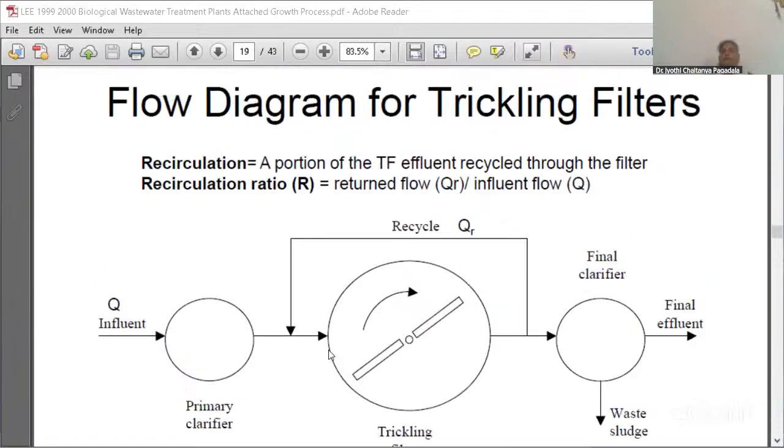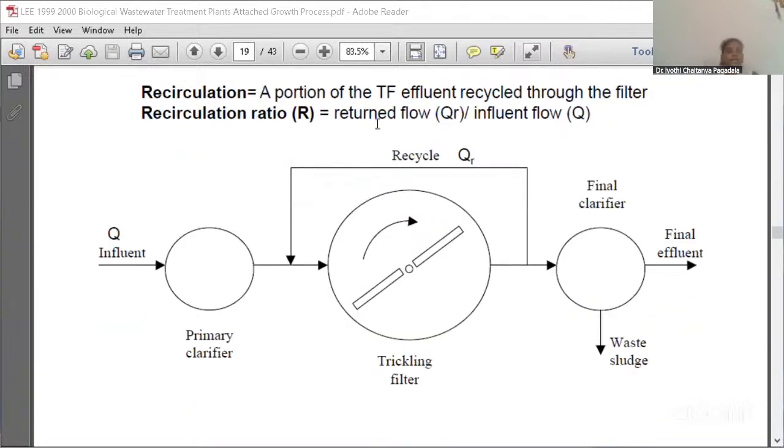A flow diagram for the trickling filters. Here you can see a recirculation, a portion of the trickling filter effluent recycled through the filter. The recirculation ratio R is equal to the returned flow divided by the influent flow.